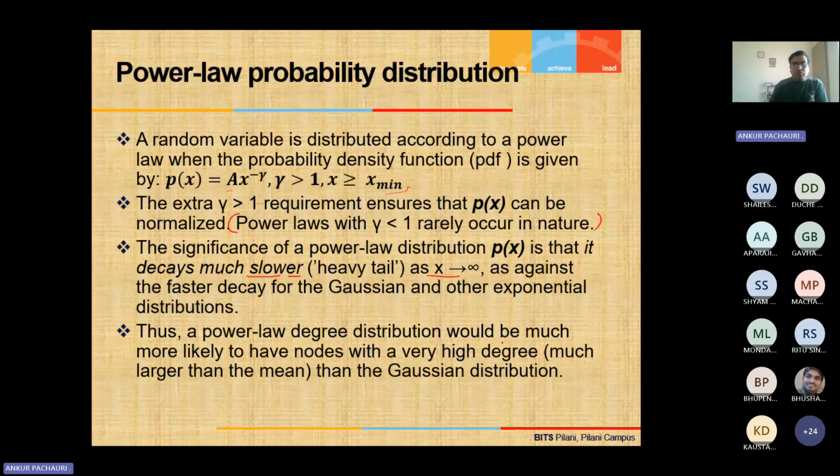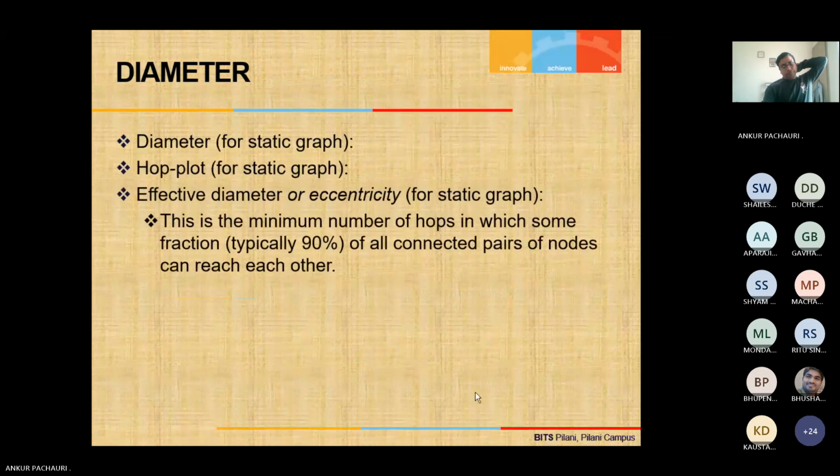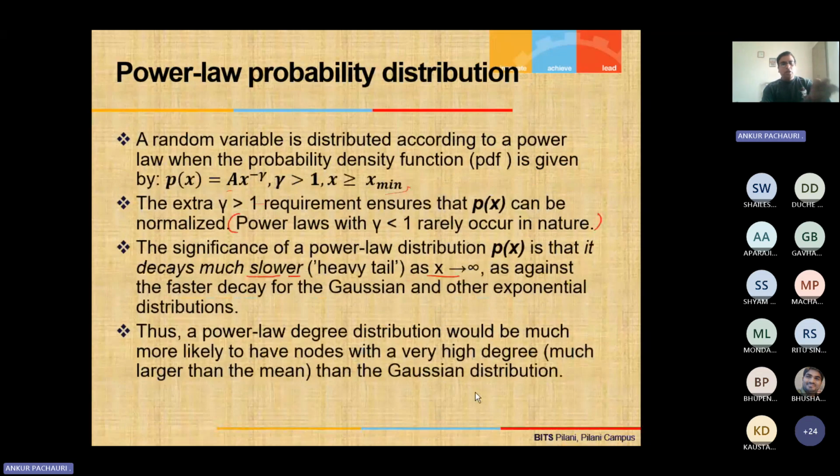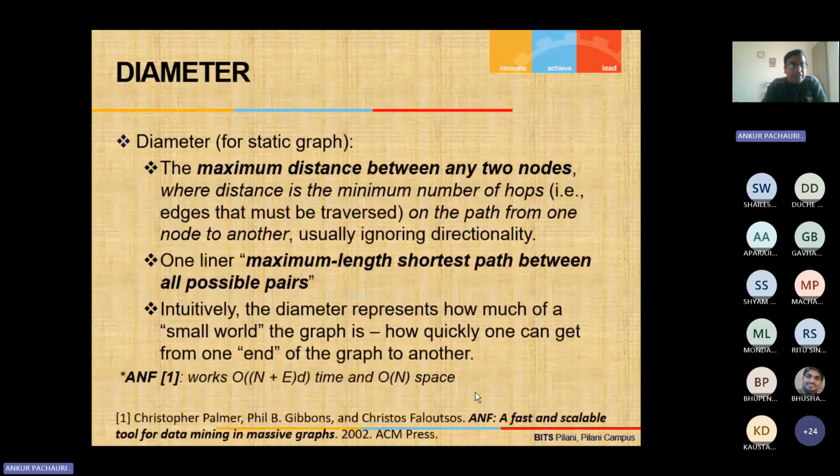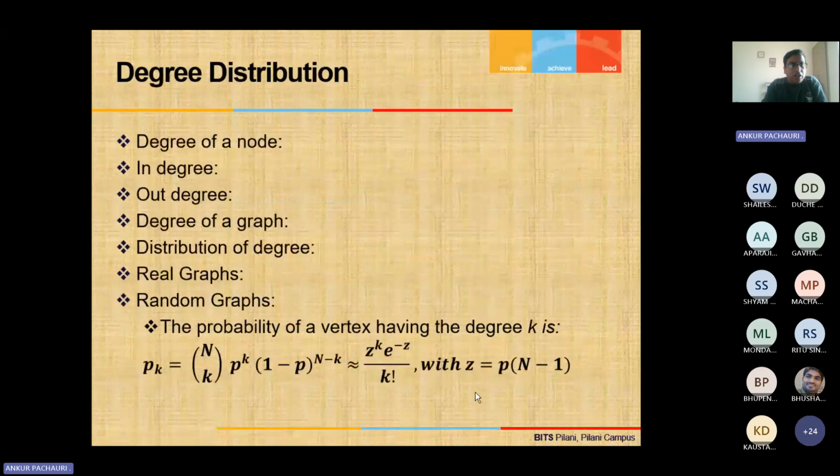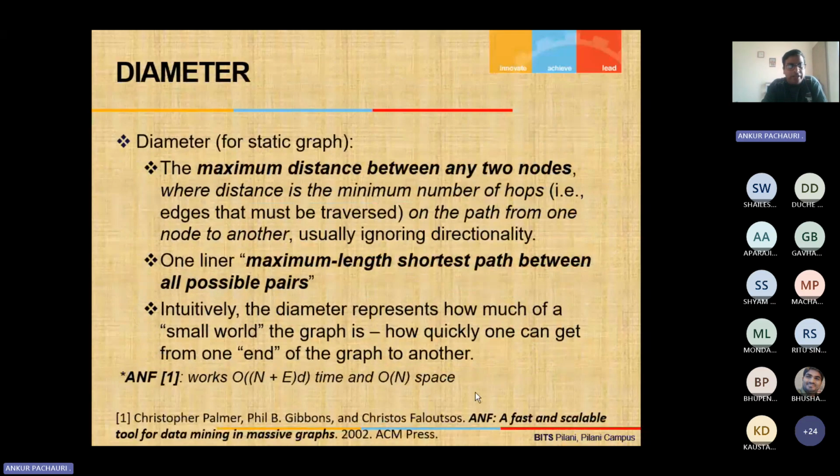A power law distribution would be much more likely to have nodes with a very high degree than a Gaussian distribution. So this is just a law that we will observe.